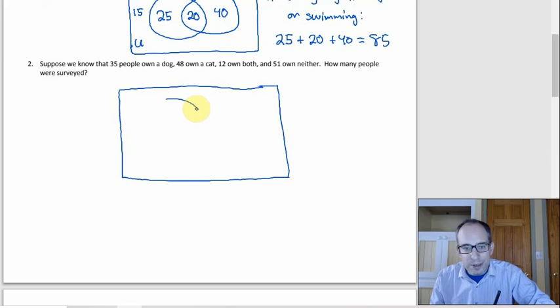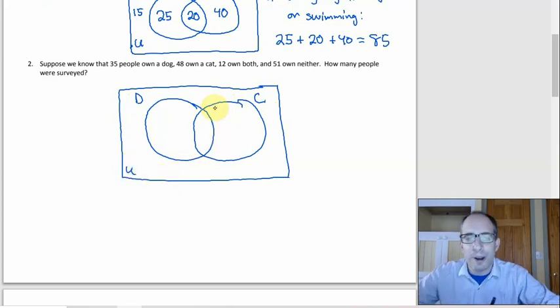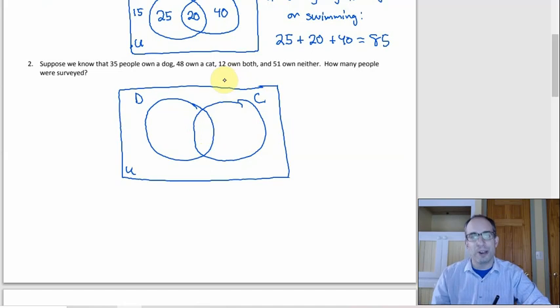All right, so I guess we just need the 2 circles again. So dog circle and cat circle. So just D and C for dog and cat, I suppose, and then universal set. All right, so working inside out again, the overlap, that's the intersection, so that's the both, right? It's owning a cat and owning a dog, and so the and is going to translate to intersection.